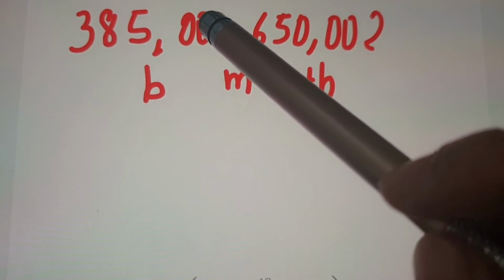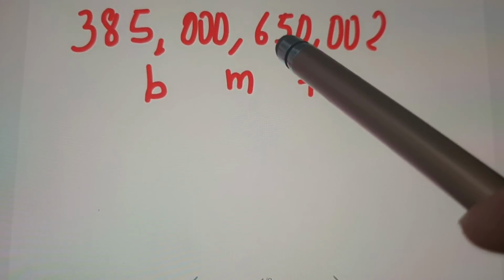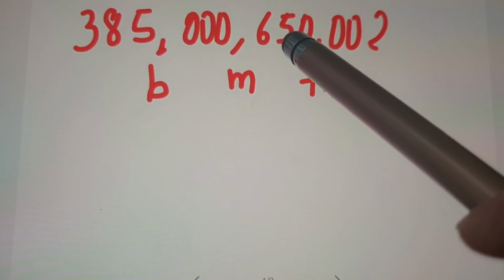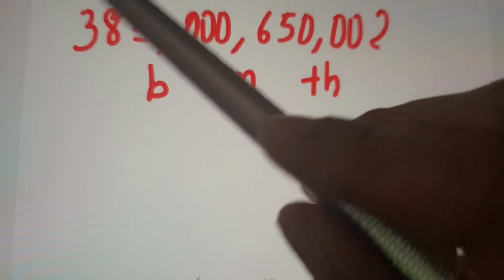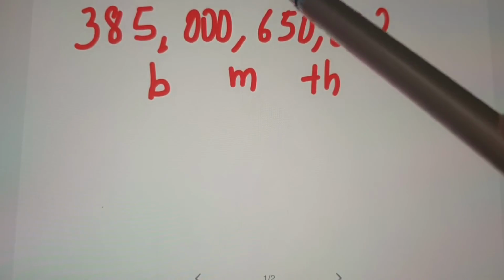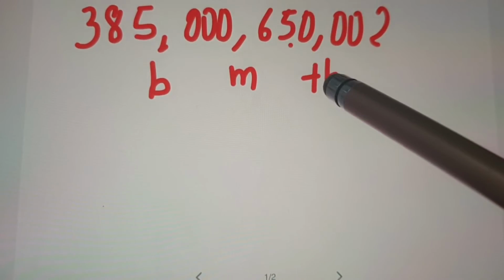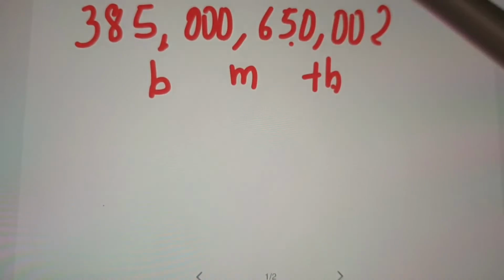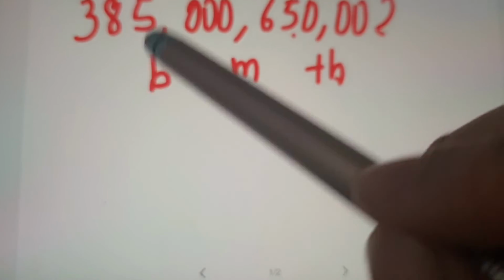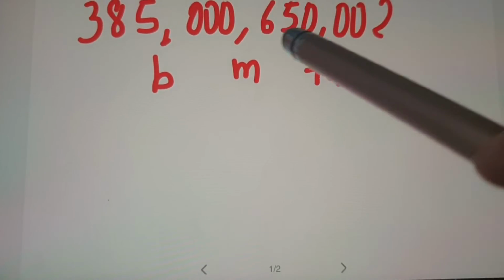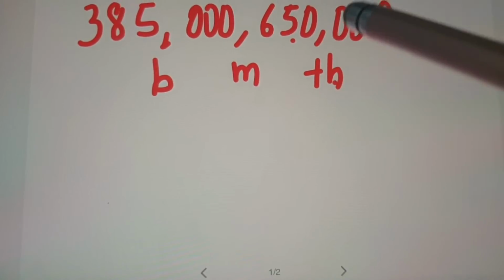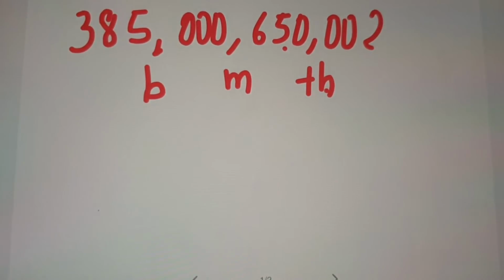We're going to skip this and proceed to the next number, like 385 billion 650,000. We don't have million. 385 billion 650,000.